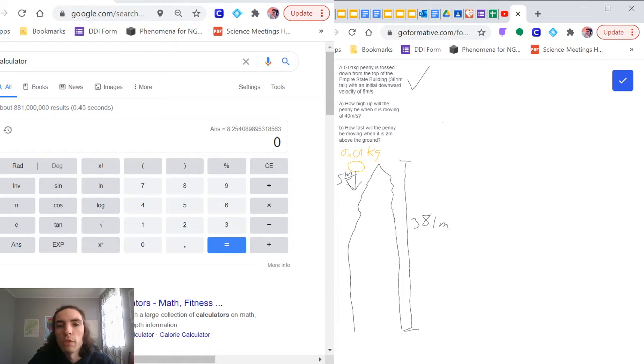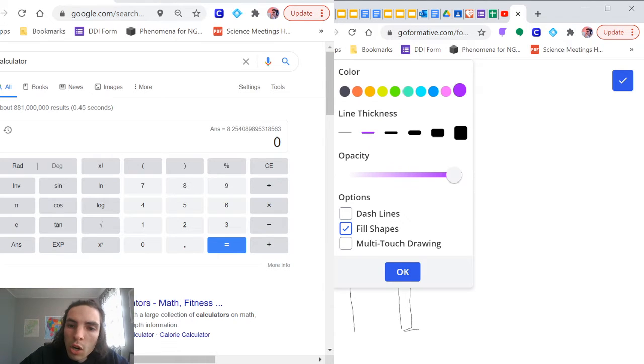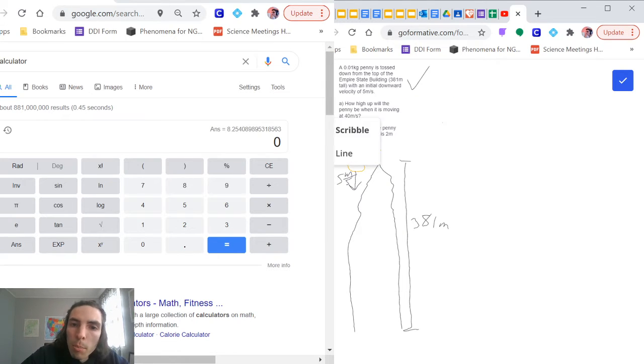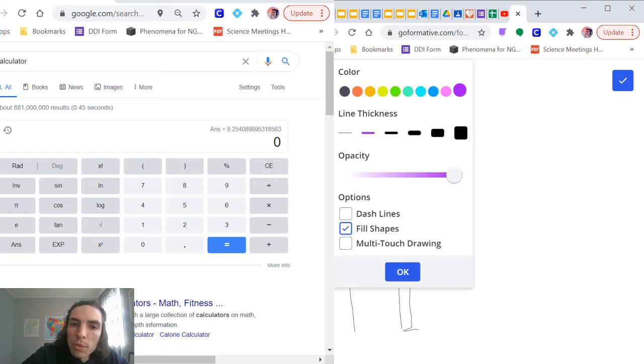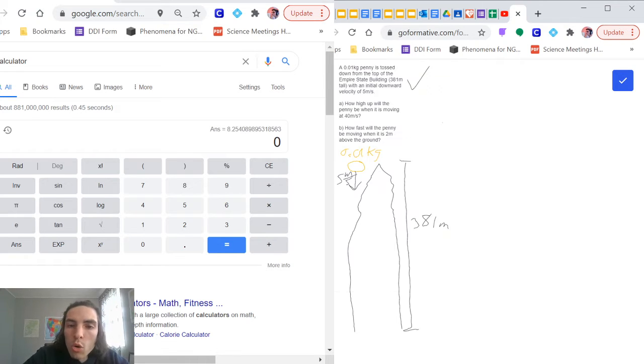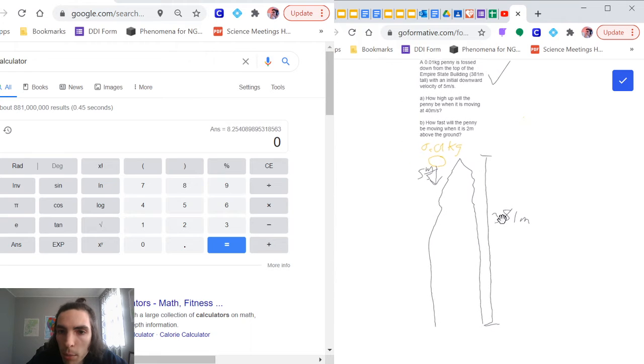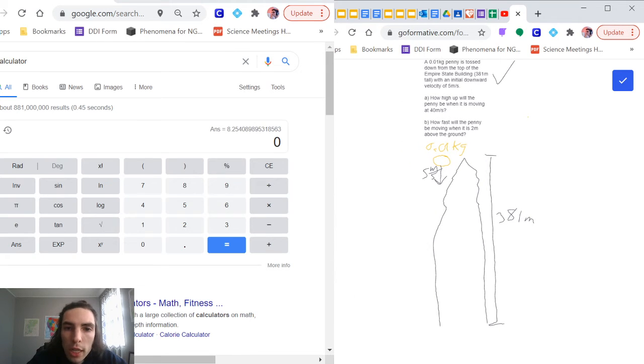We've got the initial conditions. And now let's focus on part A here. Part A asks, how high up will the penny be when it's moving at 40 meters per second? So I'm going to draw this in purple, just because that's what I happened to pick. Let's draw that second part here too.